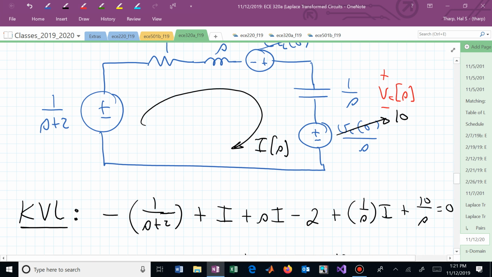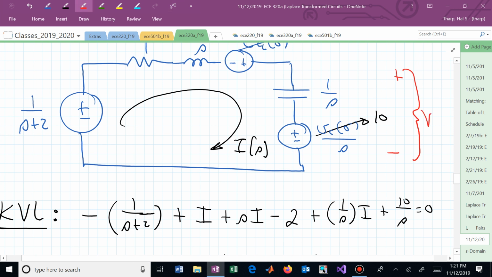Not quite. We need to include the initial condition, don't we? So in fact, V sub c of s would be this. What if we did find this?